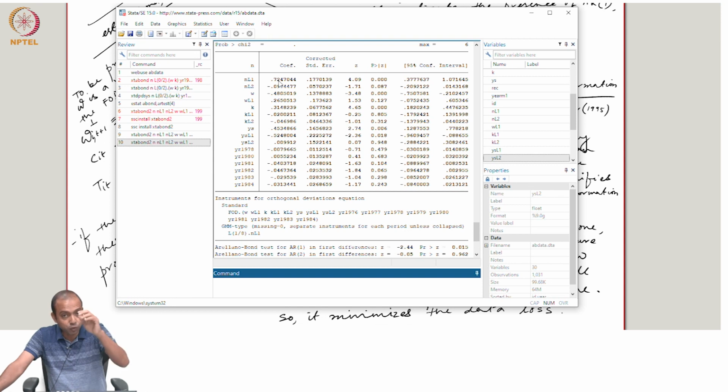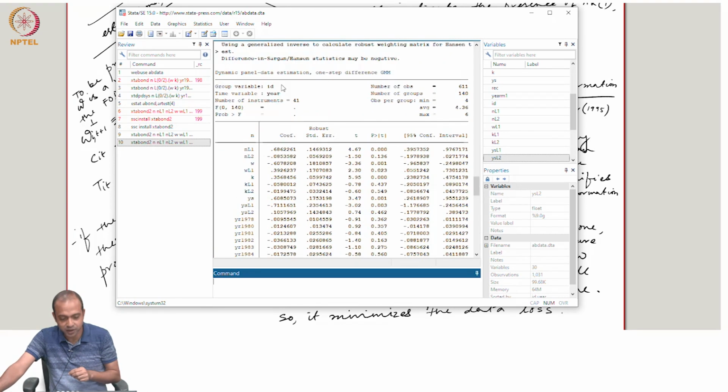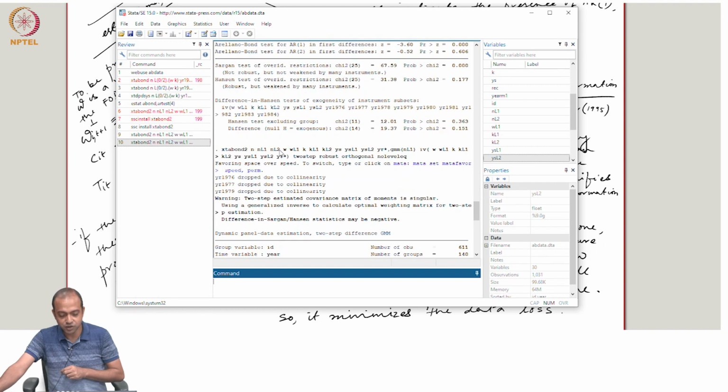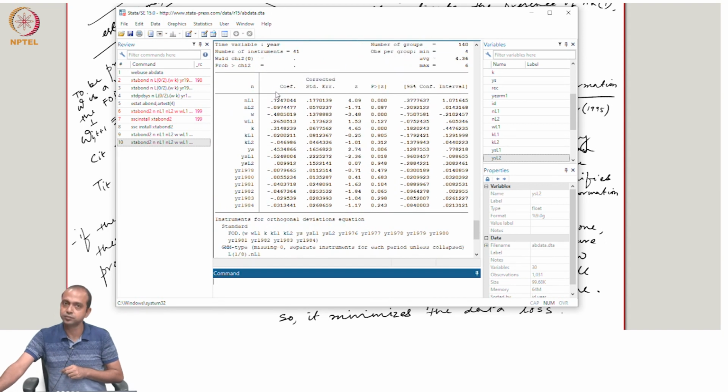Basically, the moment we take orthogonal deviation in place of first difference transformation, my coefficient of NL1 has increased and is closer to 0.73; it is 0.72. Earlier, if you look at, my coefficient was 6.8. So, from 6.8 I got 0.72. This is the improvement I got just by using FOD transformation.